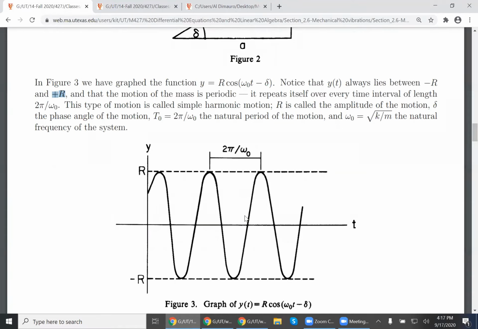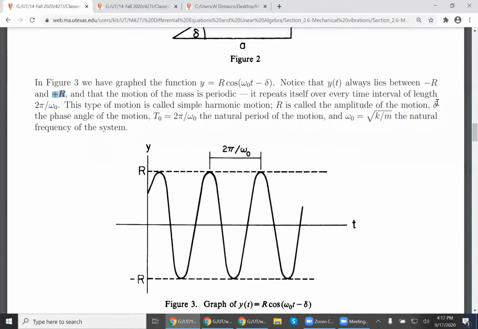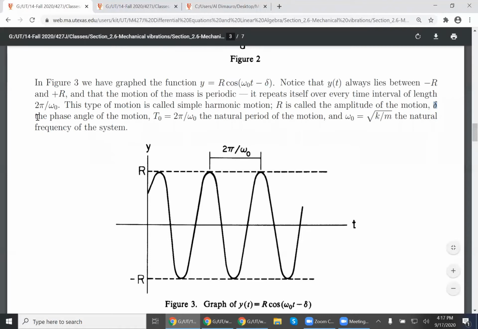Here is our graph. R is called the amplitude of the motion, delta the phase angle of the motion, T0 the period, omega 0 the natural frequency of the system.